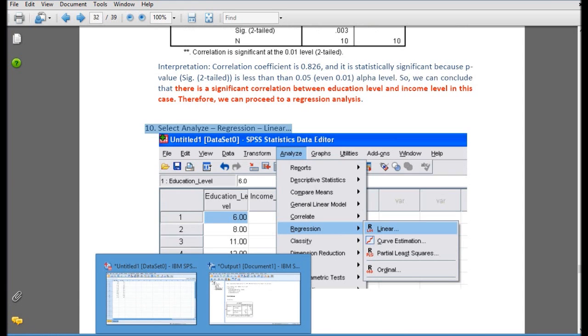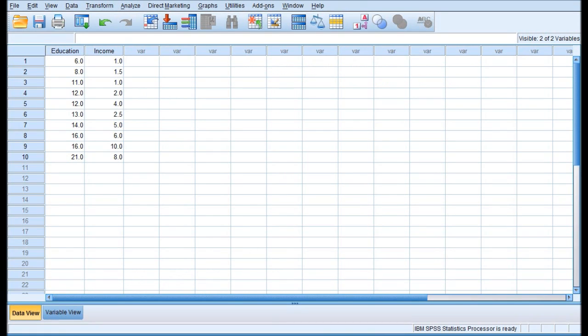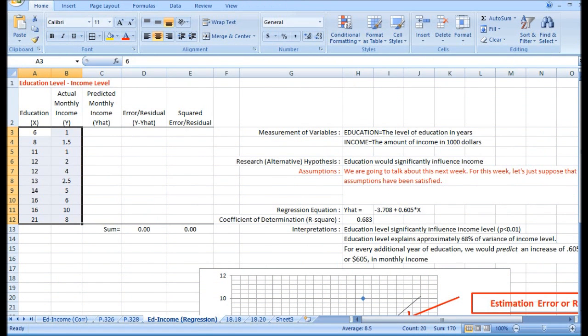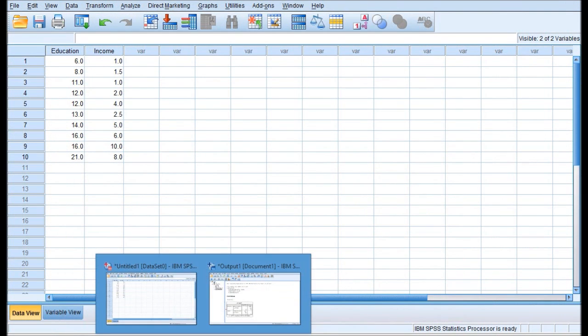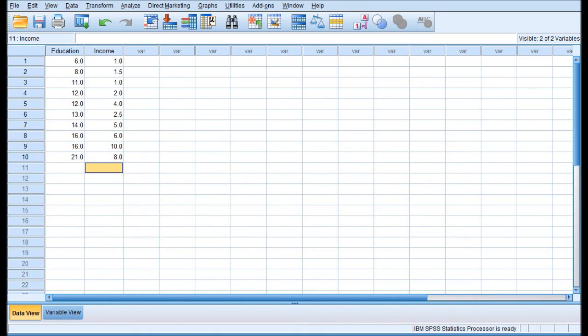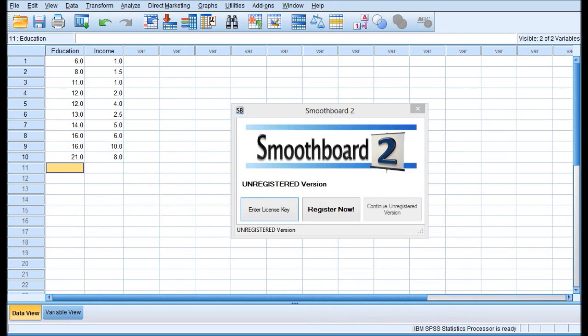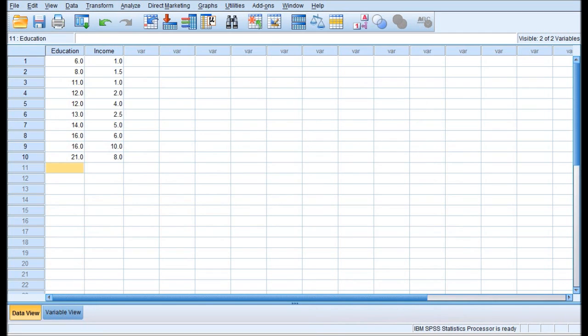Let's go to the SPSS data view window here. We already got the raw data from this Excel spreadsheet into this SPSS data view window. Click the Analyze button here.